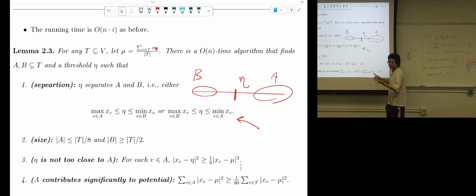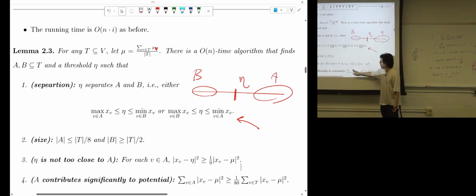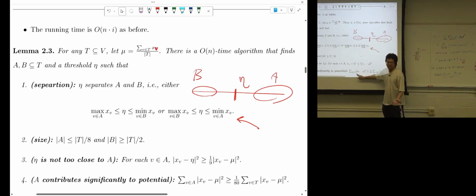The potential is just the distance from your position to the average squared, summing over everything. Here it is just the potential after projection: this is the projected position, this is the projected average, and this is the distance squared after projection. This says that the potential contributed by the set A is quite big, not too small, a constant factor.